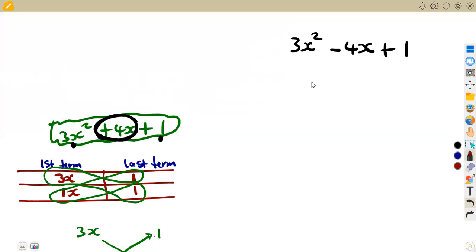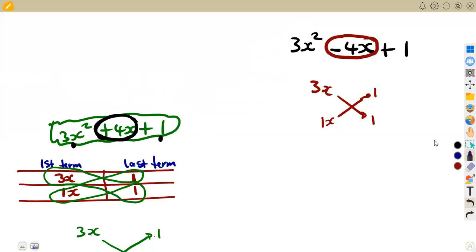So meaning to say we were going to end up with 3x, just like the previous part, corresponding to 1. And this is 1x corresponding to 1. But now, because here there's a negative 4x in the middle term, you are, like I said, it's a trial and error.